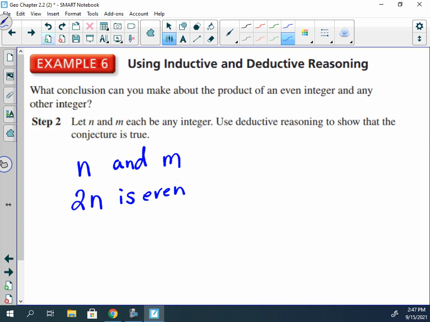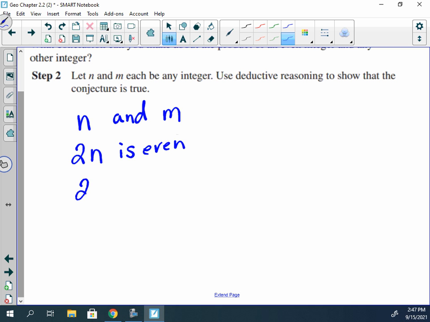So this is even. So 2n times m, if we take the product of it. This is the same as saying 2 times nm. Well, nm is just going to give us another integer, yes?